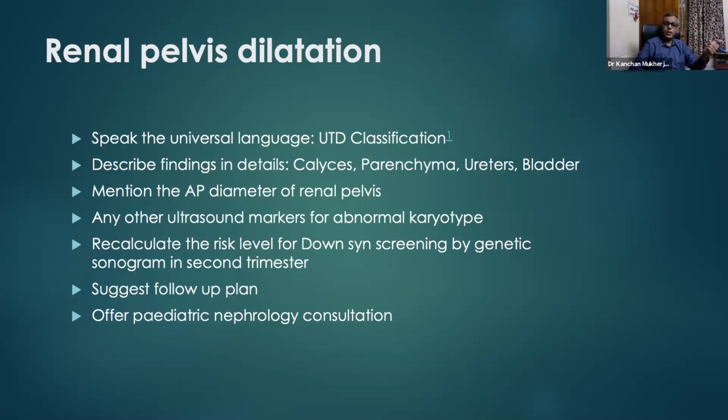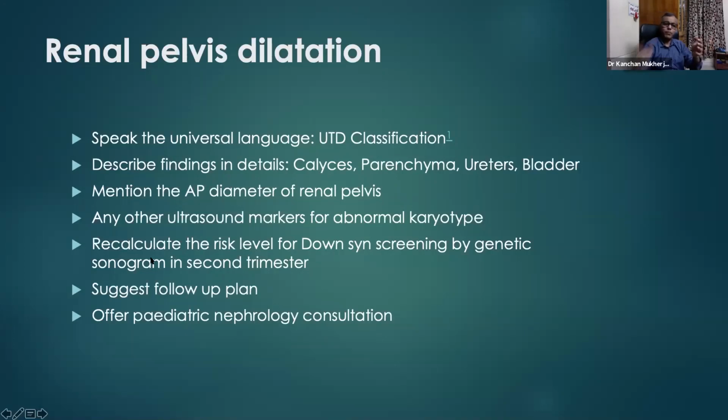Mention the AP diameter. If you are giving some measurements, the minimum, basic minimum is the AP diameter of renal pelvis. Without that, if you just say renal pelvis looked full, does not mean much. Once you have found renal pelvis dilatation, then you have to look for other ultrasound markers for abnormal karyotypes.